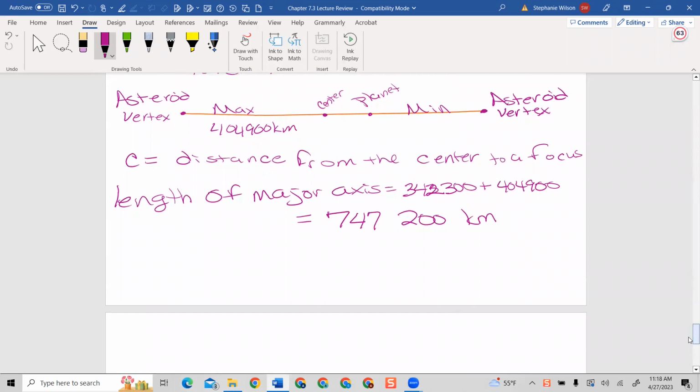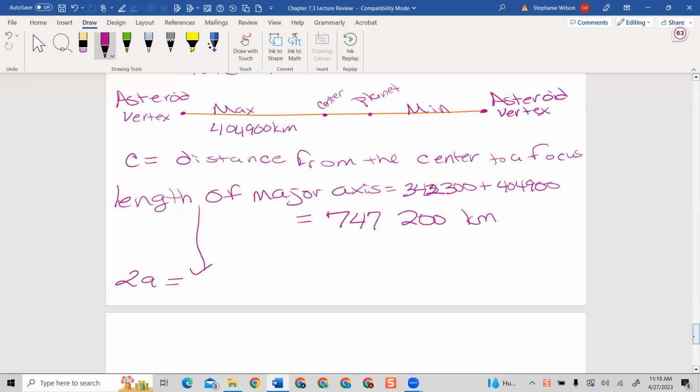So far, so good. All right, so now the length is the same as 2a. So this length here is going to be like saying 2a, and we're going to set that equal to the length of the major axis.